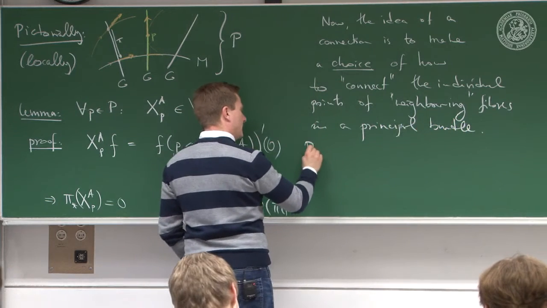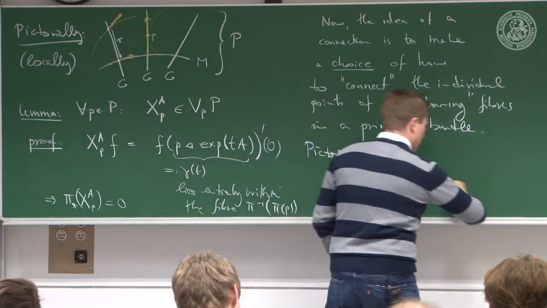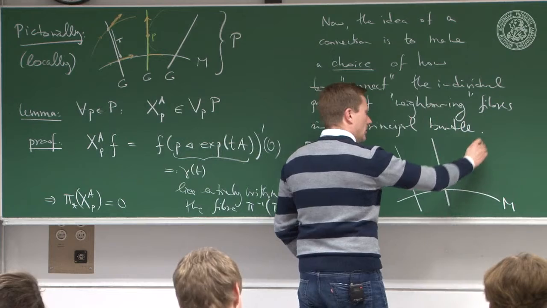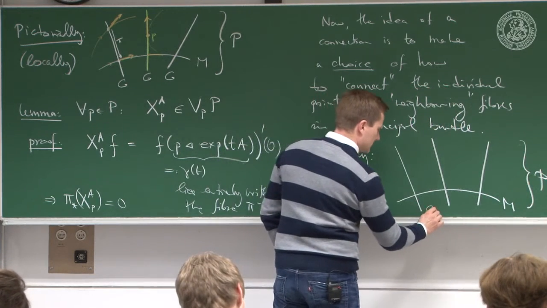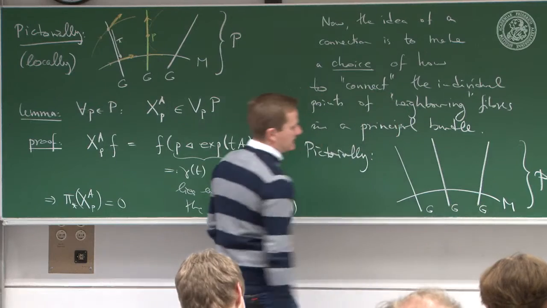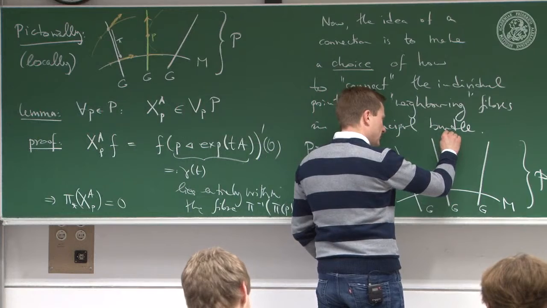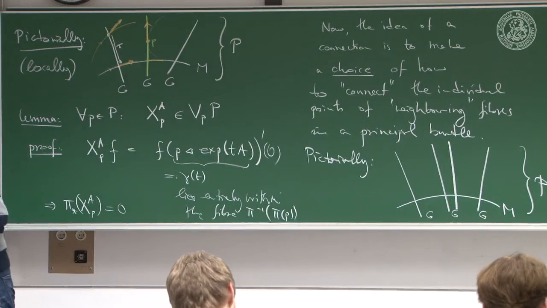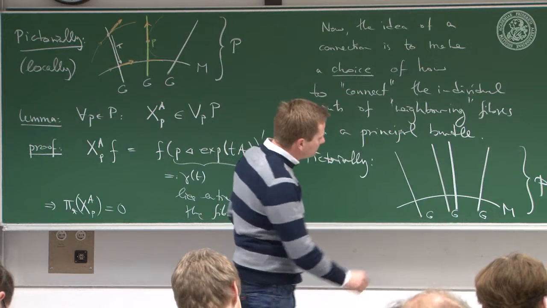So again, pictorially, what we want, and that is going to be extra structure, is the following. We have again our local picture of the principal bundle, where at each point of the base manifold there is a fiber that's isomorphic to G attached. And now let me draw two nearby fibers, but of course you have to think of them as being very nearby, thought of in a topological way.